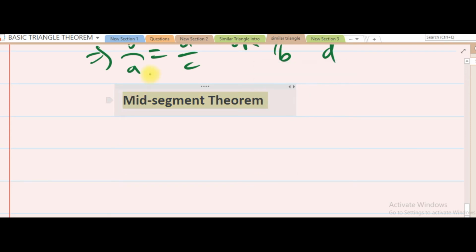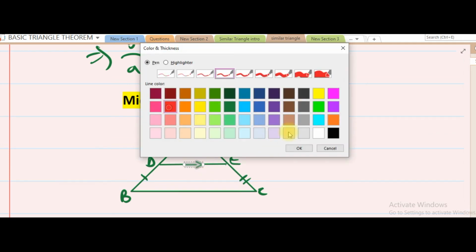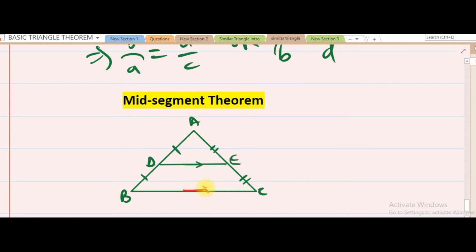The theorem states that if you have a triangle ABC, and D and E are the midpoints of two sides, then the segment joining the midpoints is always parallel to the third side, and also has a length equal to half of the third side.